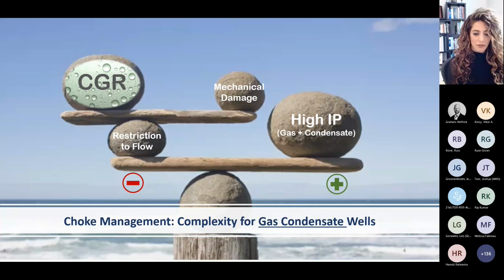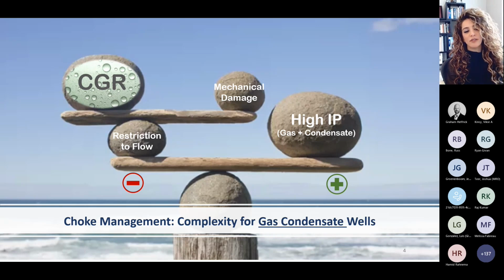Our observations from 100+ wells that we've analyzed in Eagle Ford and Duvernay have shown, as I mentioned, a strong correlation between your condensate gas ratio and your choke management. And for an optimized choke management, we will have to optimize our condensate gas ratio as well. Basically, that's what I'm going to talk to you about for the next 20 to 30 minutes today.